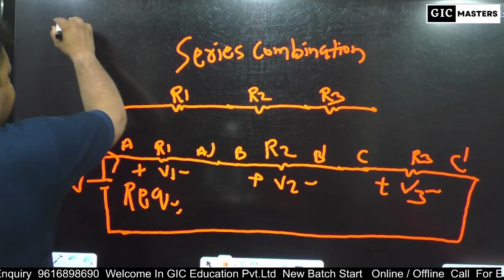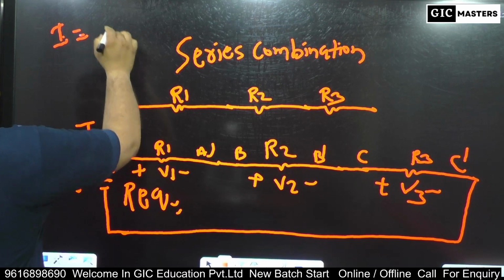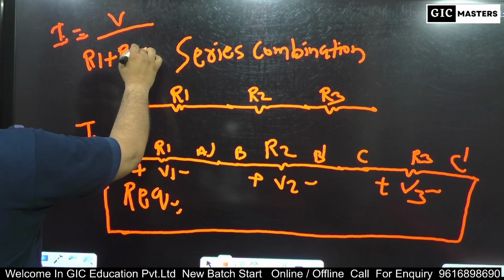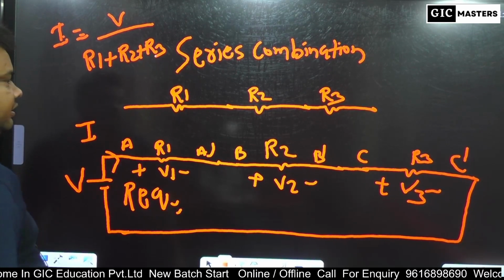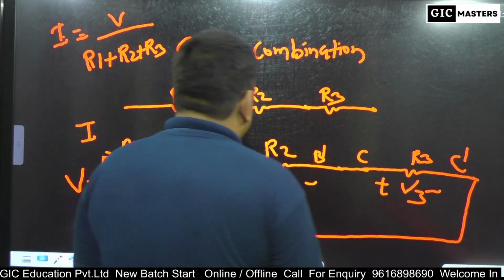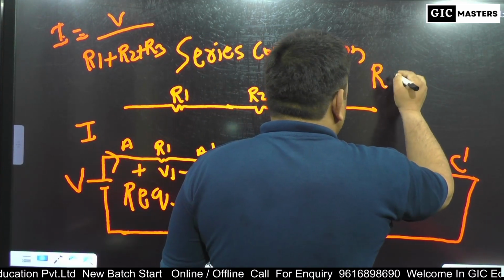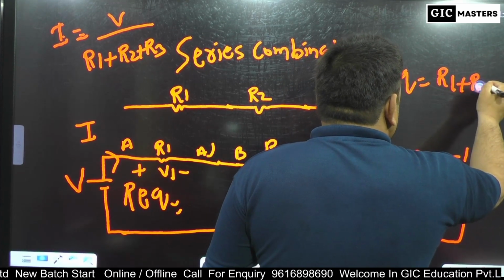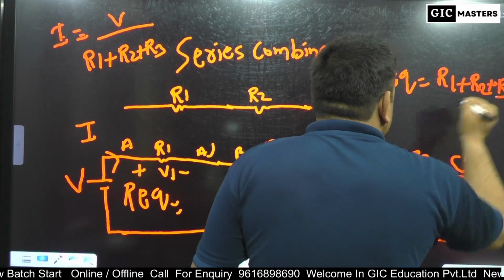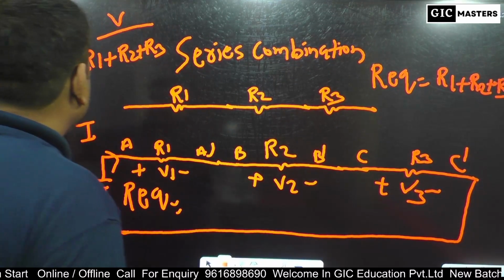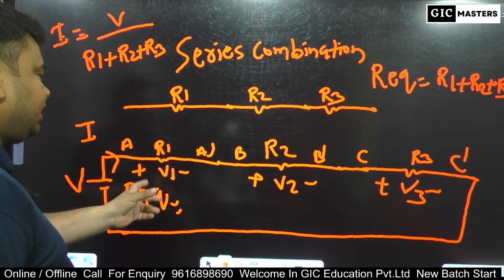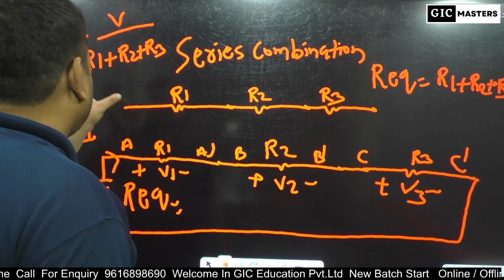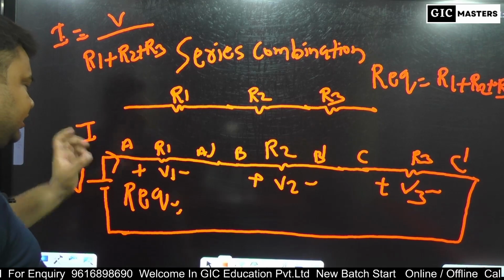So this current I equals V upon R1 plus R2 plus R3, because in series combination, R equivalent equals R1 plus R2 plus R3. So current I flowing through R1, R2, R3 equals V upon R1 plus R2 plus R3.